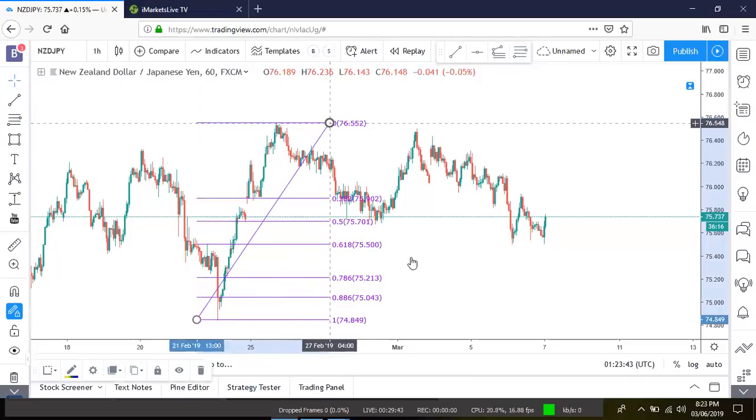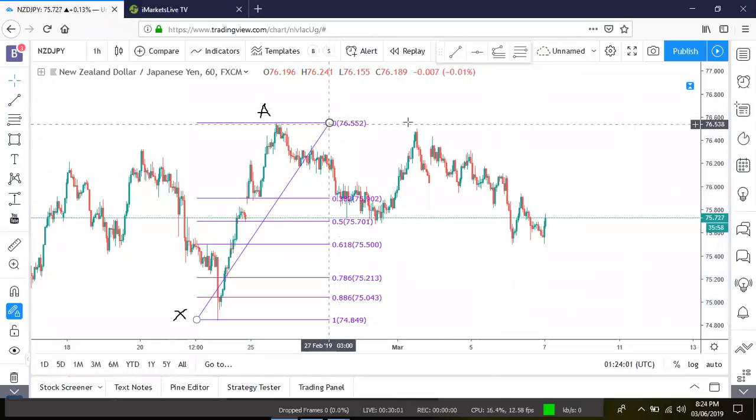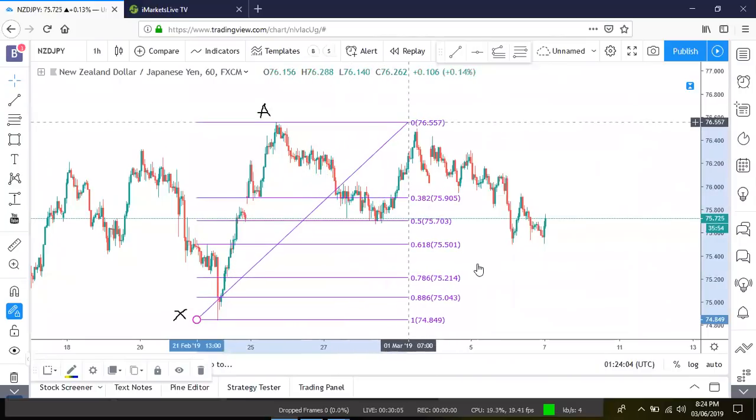So now what we have is our X leg, our A leg, and let me drag this fib all the way over here, let me drag it out some. Let me set that back up there.